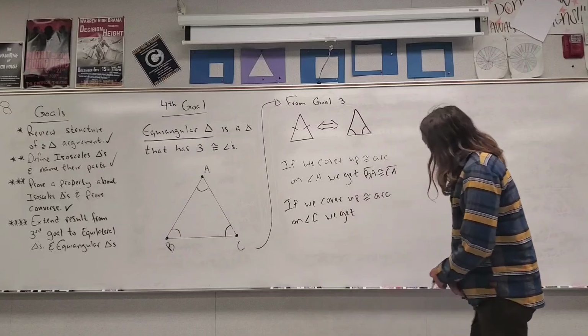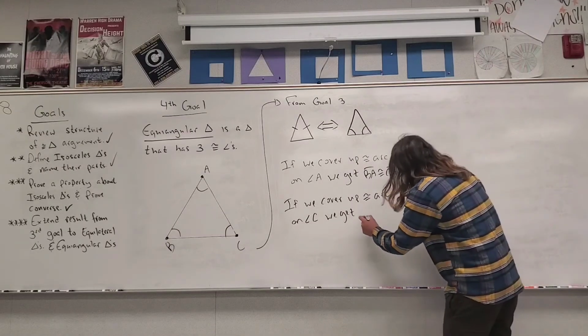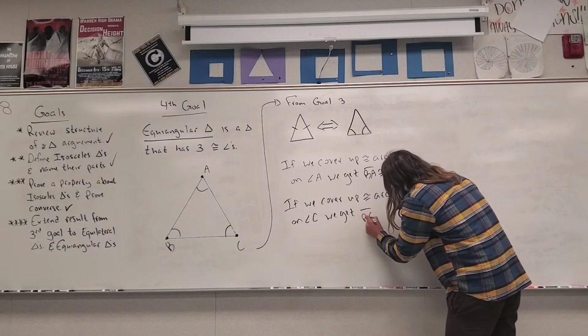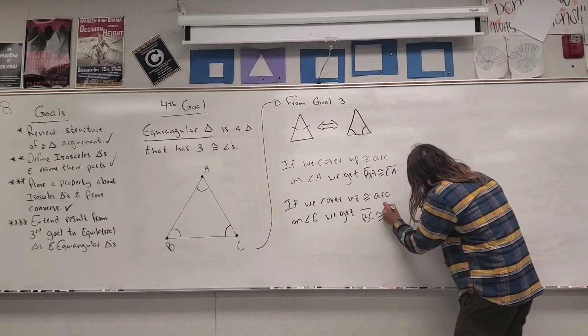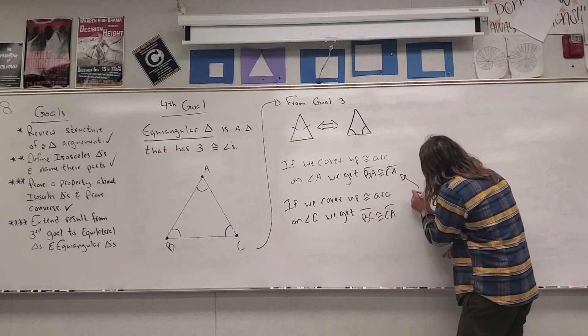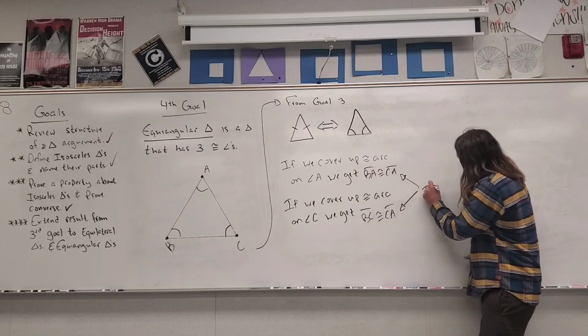So we cover up a congruent arc on the angle C, we get that side BC is congruent to side CA. Well, guess what happens again? This is the transitive property.